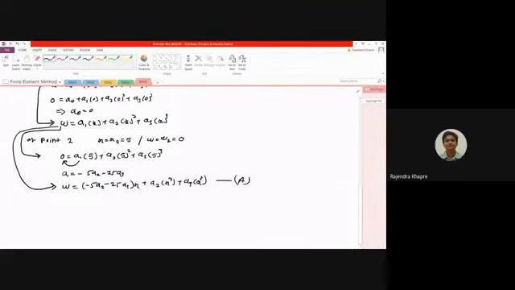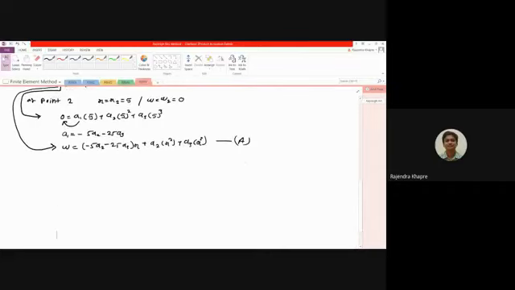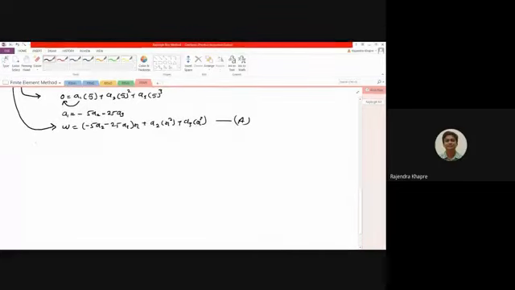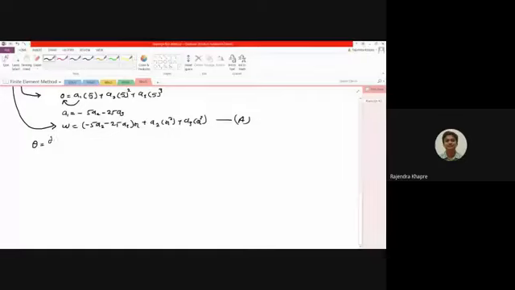This is one such expression by which you can get the value of displacement or the deformation of the beam. Now one more boundary condition is available with us, that is the slope. First of all you need to find the expression for the slope. Your slope is generally denoted by the symbol theta, and this will be calculated as dw by dx. So dw by dx means you have to take the derivative of this expression with respect to x.